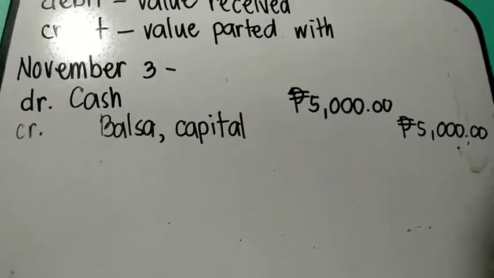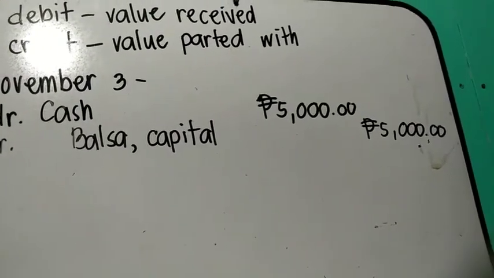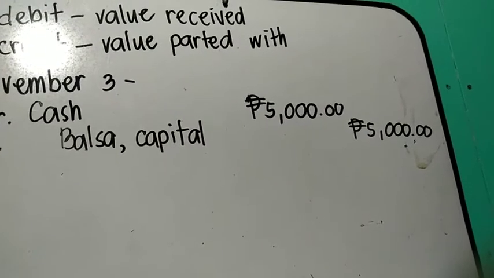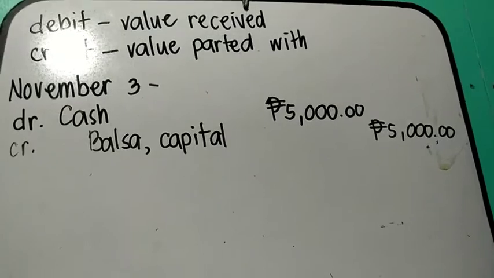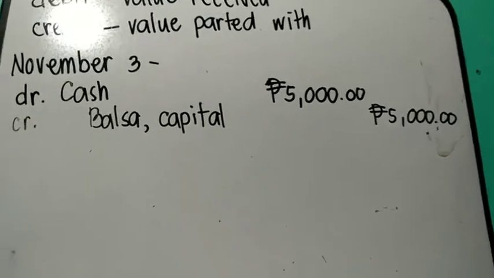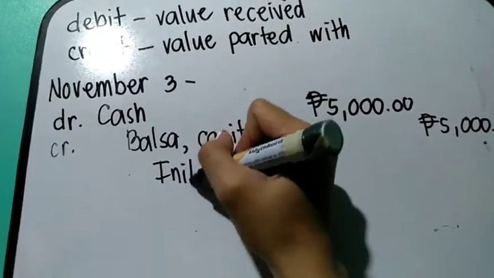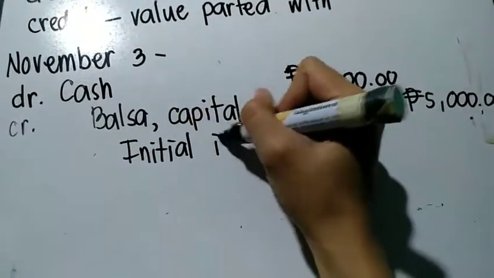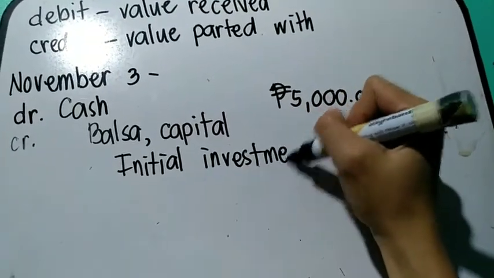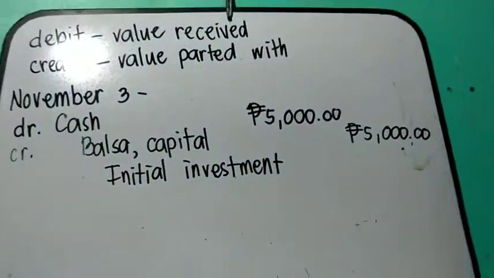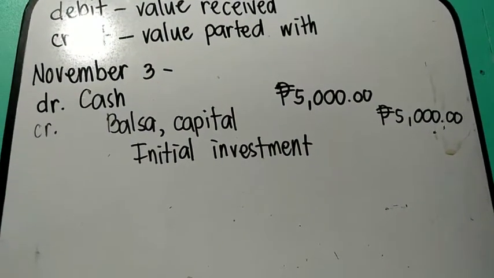And also you have to remember, when you journalize transactions, you must have a short explanation as to what the transaction is about. Since this transaction is about initial investment, you can simply say initial investment. That's it. Now we already have our transaction for November 3.